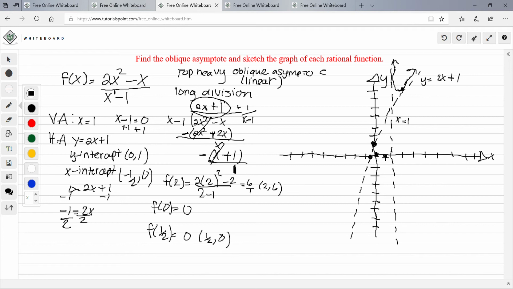So it should look something like this. That is enough to tell me it's going to make that U shape. It won't pass here, right? Because I said 0. So it's going to go like this. No, it doesn't pass the horizontal asymptote.